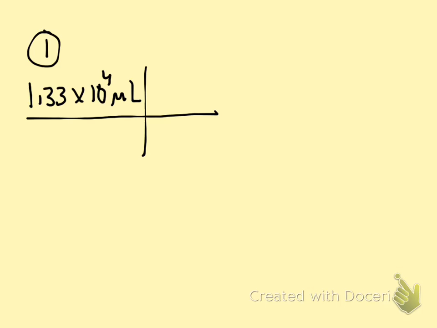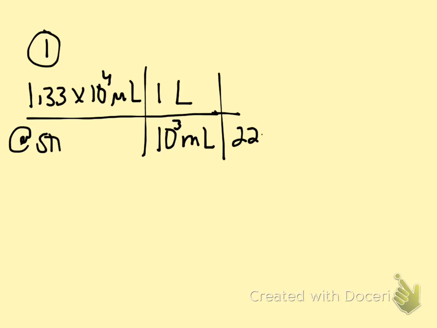And we can do this all as one factor label. So 10 to the 3rd milliliters is 1 liter. And we know that, at STP, I'm going to write my note to myself, 22.4 liters of O2 equals 1 mole of O2.